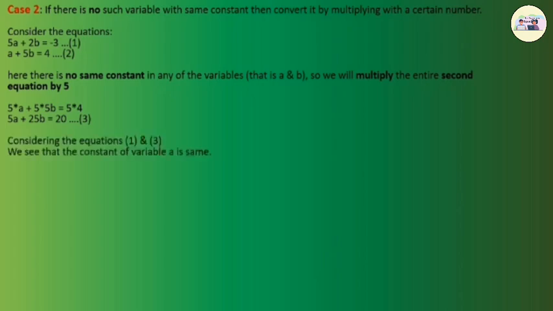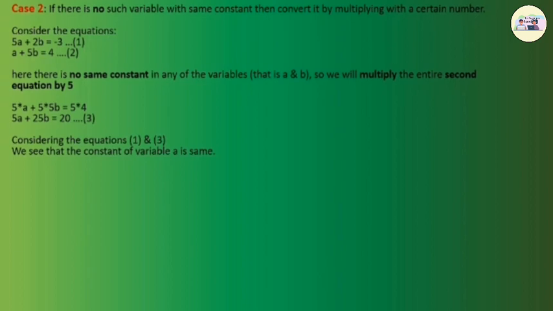Consider the equations 1 and 3. We see that the constant of variable a is the same. Now, if the variables having the same constant have the same sign, then we have to subtract them.